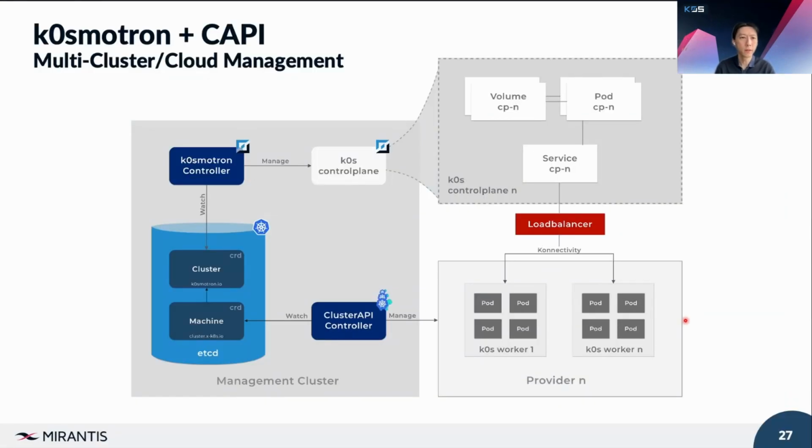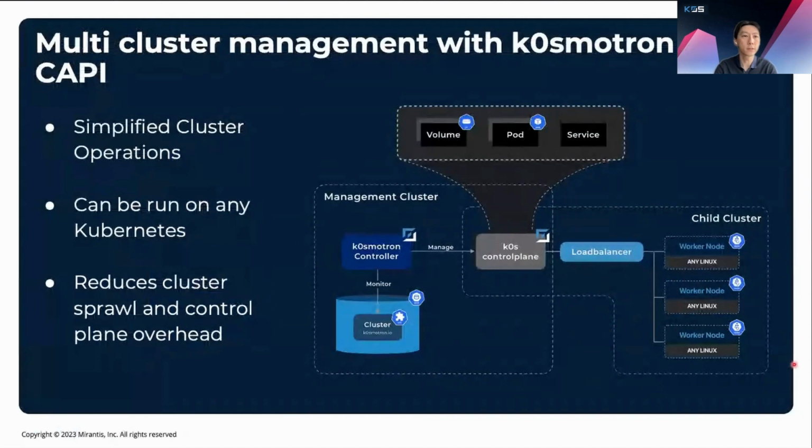So we've got our management control planes. k0smotron deploys the various control planes for your cluster. Great. Now through Cluster API, we also deploy the worker nodes for your workers, and then connect them to the control plane. So it bootstraps your entire thing and simplifies your cluster management.